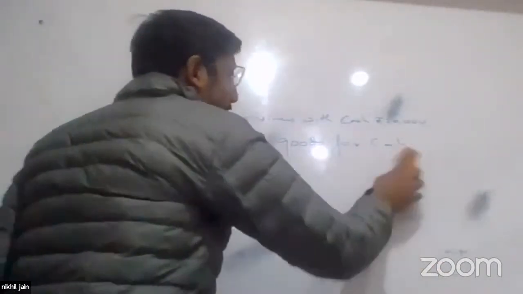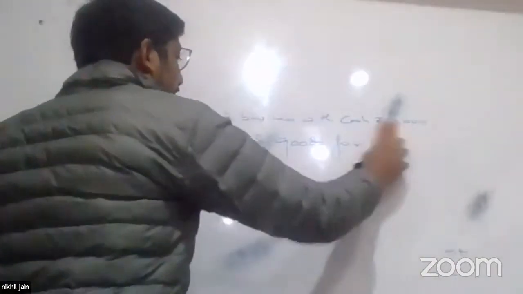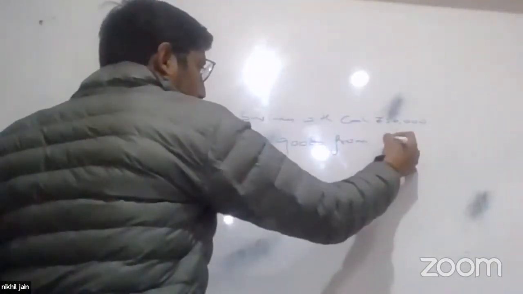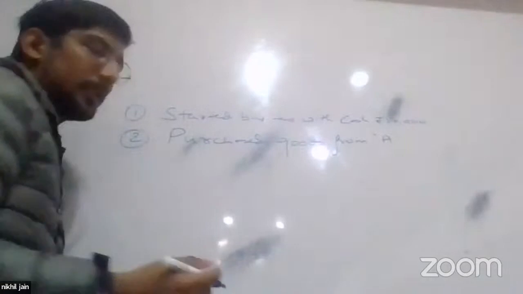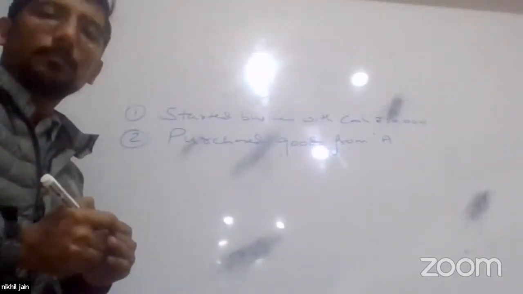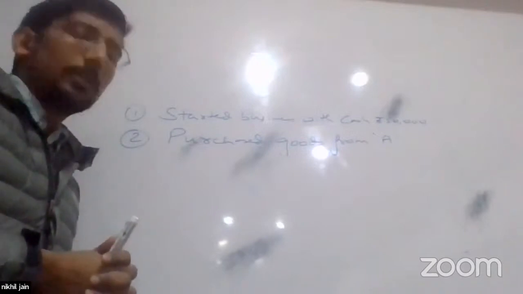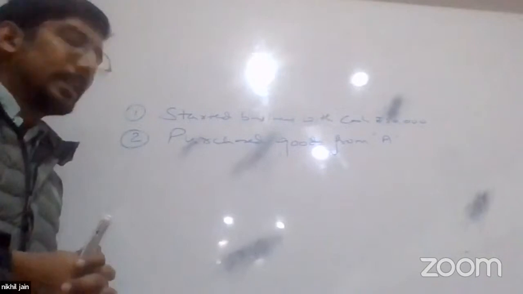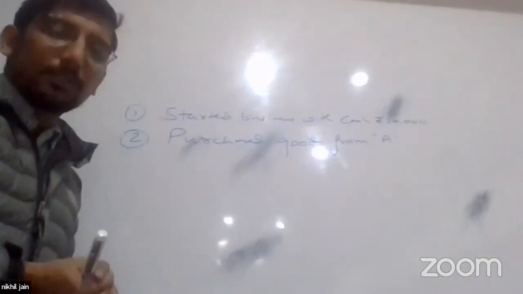But over here, if we write purchase goods from A, now we have purchased goods from A, so what will happen? The person from whom we buy goods is what for us? Creditor. And a creditor is a liability for us, right?